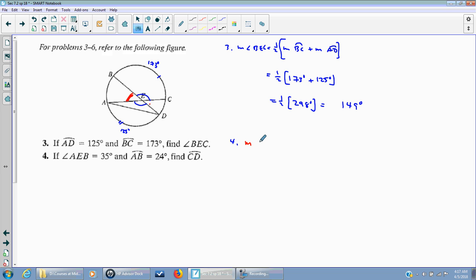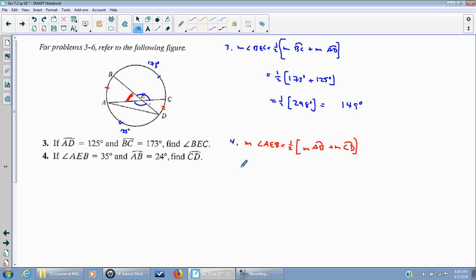Using the previous theorem, the measure of angle AEB is 1/2 the measure of the two arcs, this arc and this arc. 1/2 the measure of AB plus the measure of the arc that's sort of vertical arcs. I don't know if that's such a thing, but the arc that's vertical to it, CD.